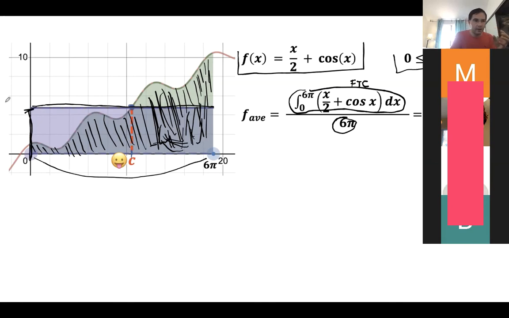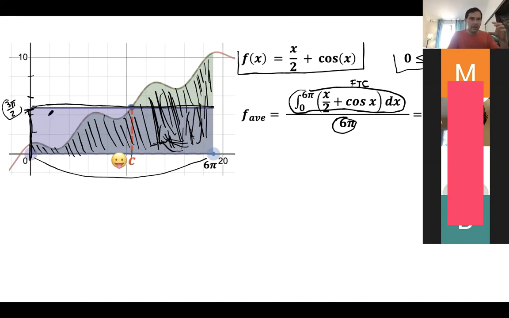This is 3 pi divided by 2. I have no calculator now. I could approximate this number, and it looks to me like a little bit more than 4. But okay, we can check later.